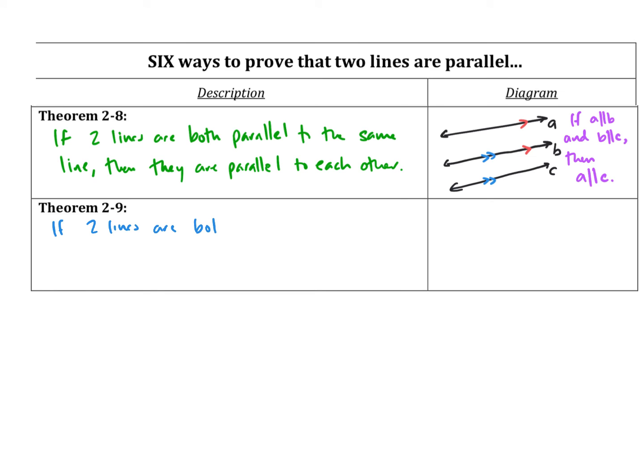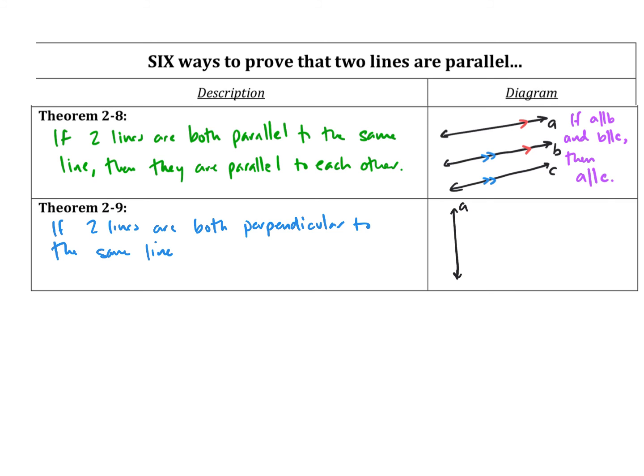Now the next one says if two lines are both perpendicular to the same line. So remember, perpendicular means that they intersect to form a 90-degree angle. So before I finish that, let's just sketch out what that's saying.